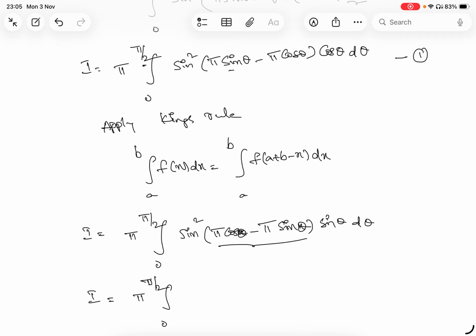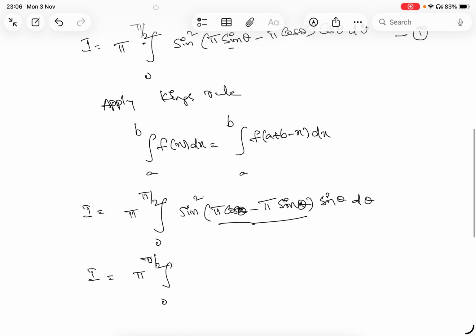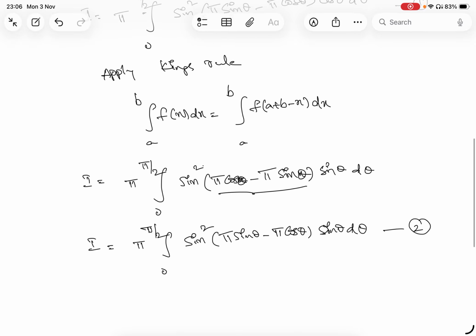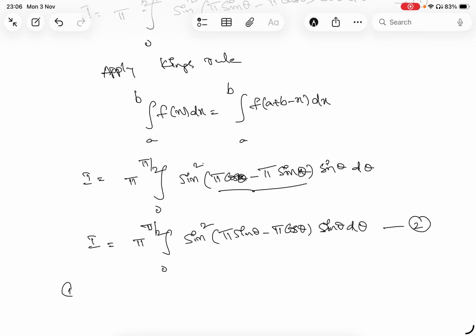Because there is a square term here for sine, this will be equal to sine square of pi sin theta minus pi cos theta, sin theta d theta. Let's assume this as equation 2. Now let's add equations 1 and 2.